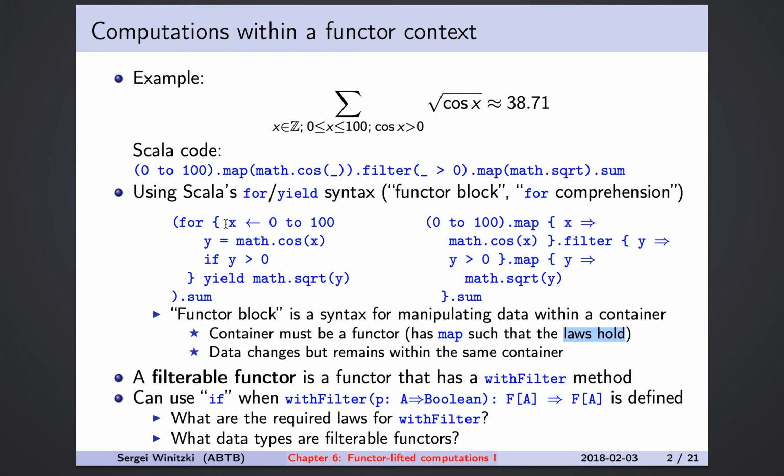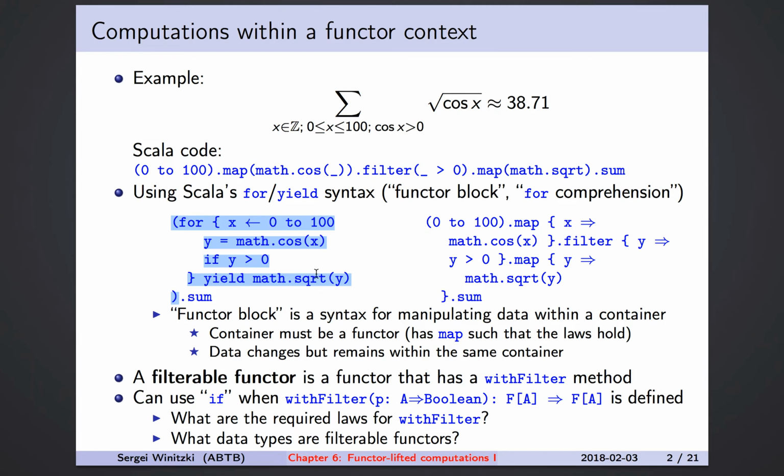As a result of computations in a functor block, we manipulate data inside the functor or the container. However the data changes, it will still remain within the same container. So the value of this expression is a sequence.